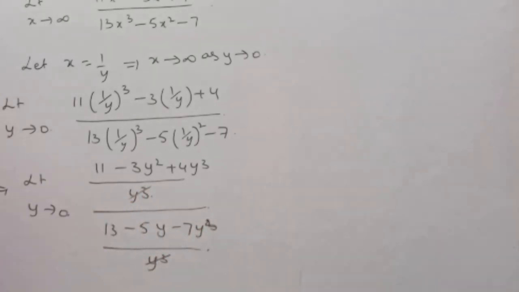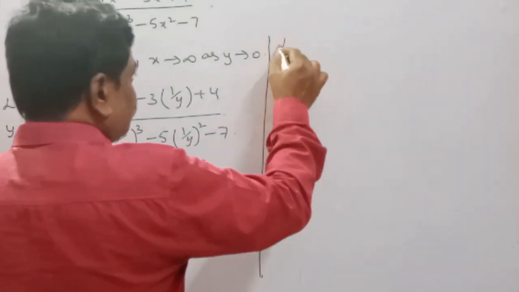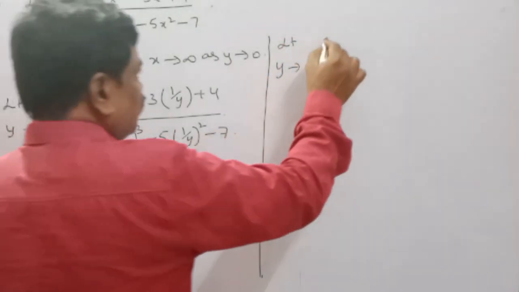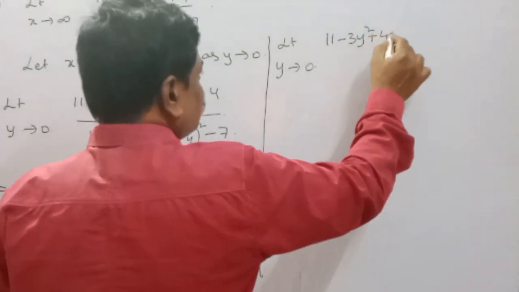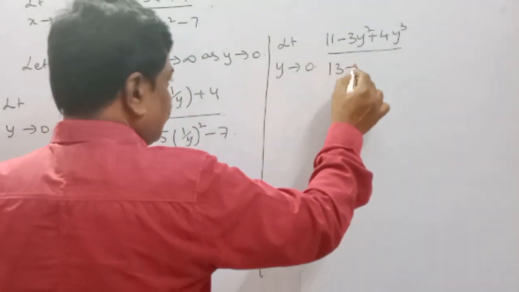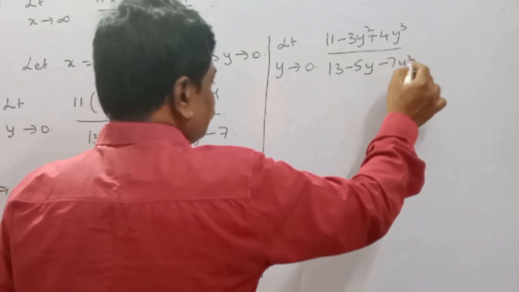Here y cube is common. Then the limit as y tends to 0 of 11 minus 3y square plus 4y cube, by the denominator 13 minus 5y minus 7y cube.